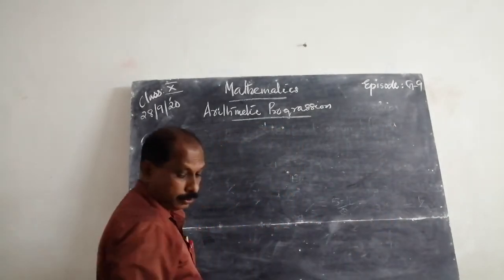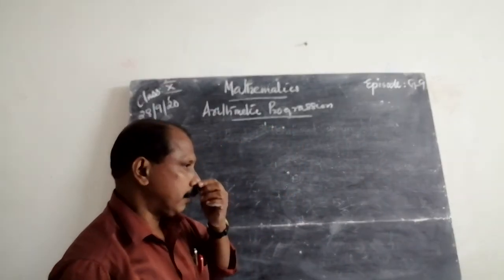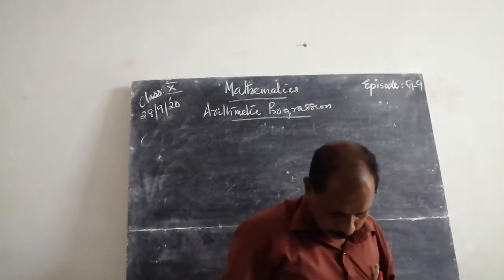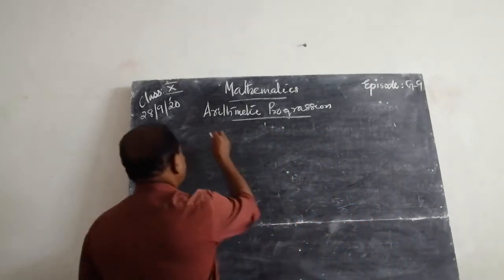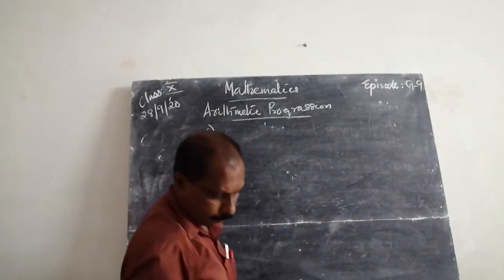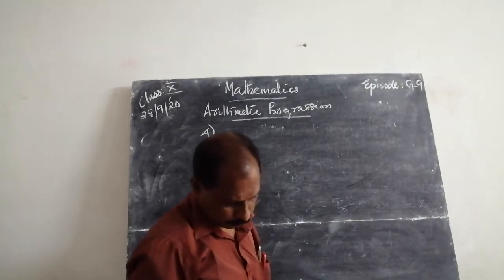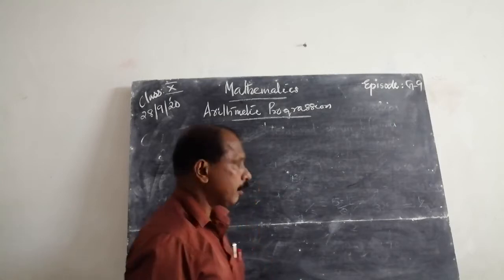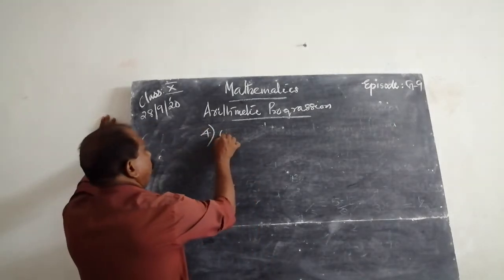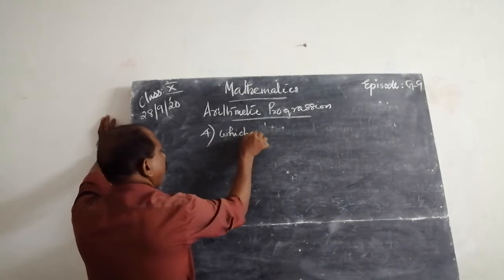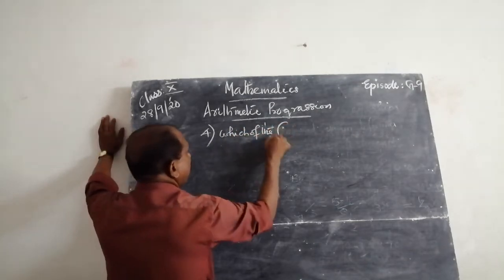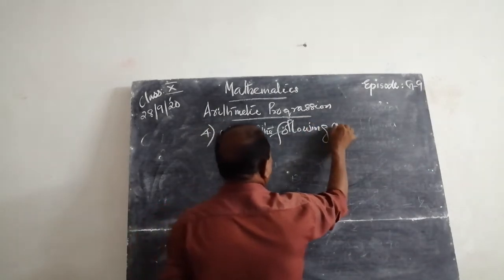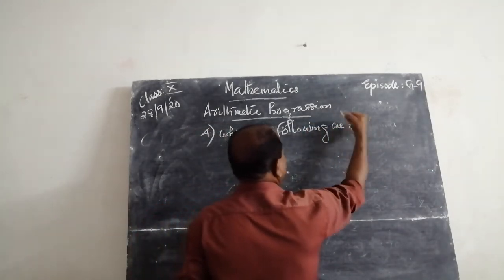All the other questions you have worked are done in the same way. Then main question number 4: Which of the following are arithmetic progressions?